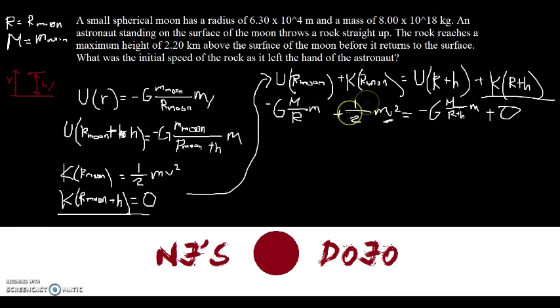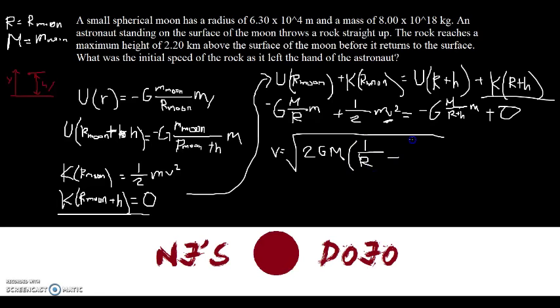As we rearrange, some variables get cancelled out, so we end up with the equation: velocity equals the square root of 2 times the gravitational constant times the mass of the moon multiplied by 1 over the radius of the moon minus 1 over the radius of the moon plus the height.